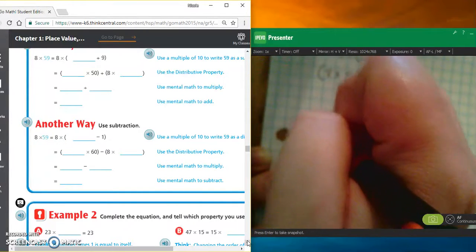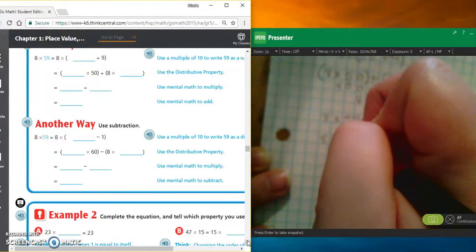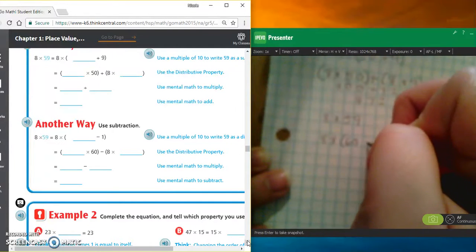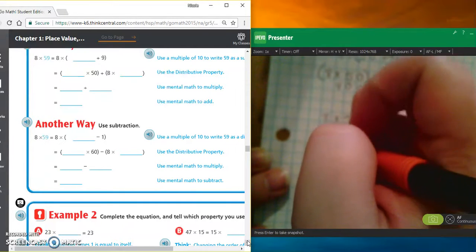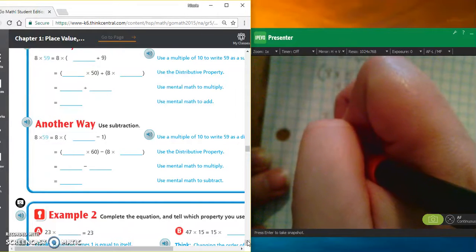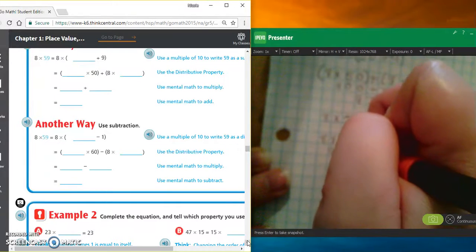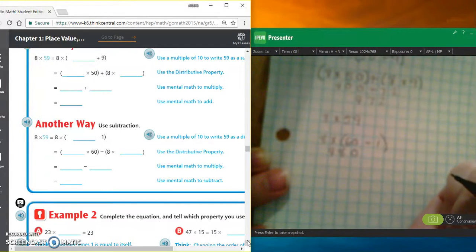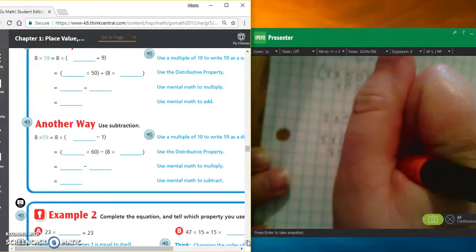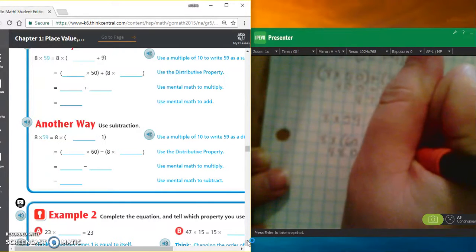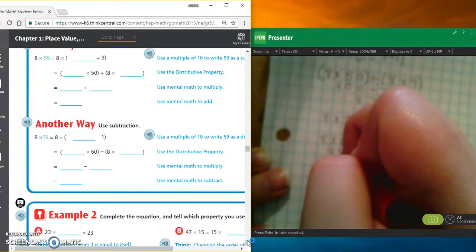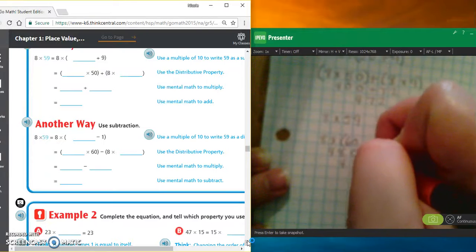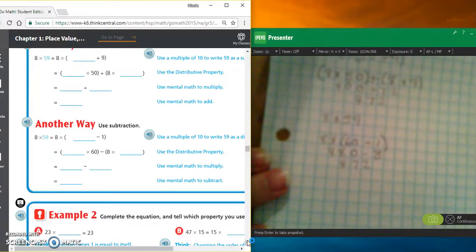So I can do 8 times 60 minus 1. 8 times 6 is 48. You add the 0, you get 480. Then we subtract. 8 times 1 is 8, so we subtract 8, and we again have 472.